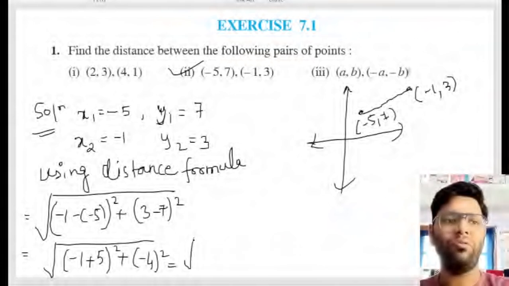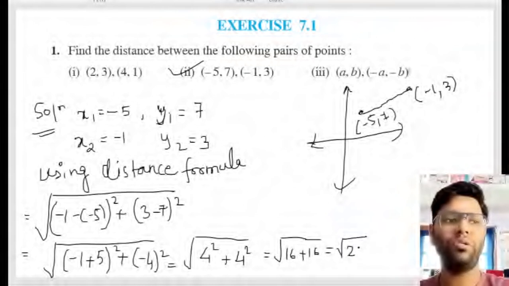Then 4 whole square plus (minus 4) whole square is 16 plus 16. So it is root over 2 times 16, and the root of 16 is 4, so this will be 4 root 2 units.